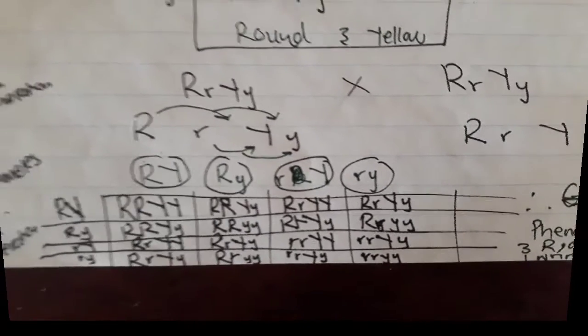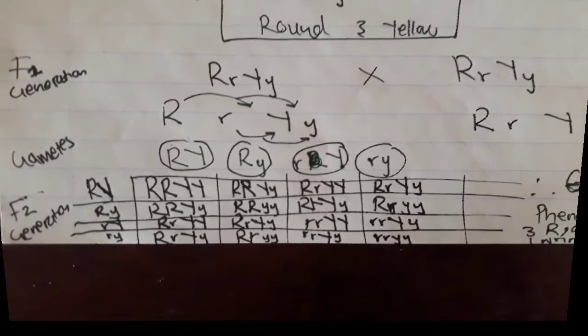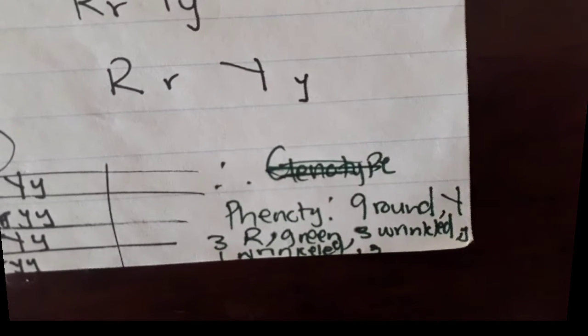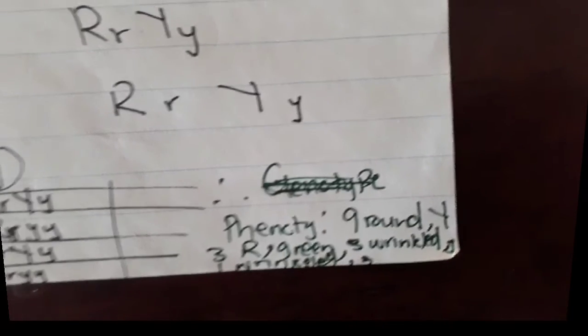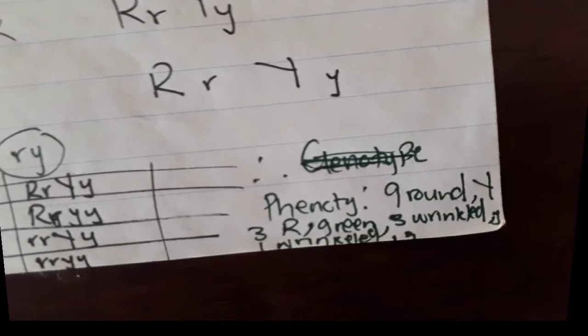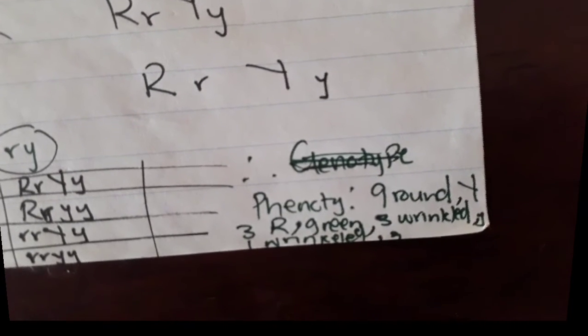Okay, these are the genotypes that we get for crossing the F1 parents. Then for the phenotype of the F2 generation, we will have 9 round and yellow seeds, 3 round and green seeds, 3 wrinkled and yellow seeds and 1 wrinkled and green seed.